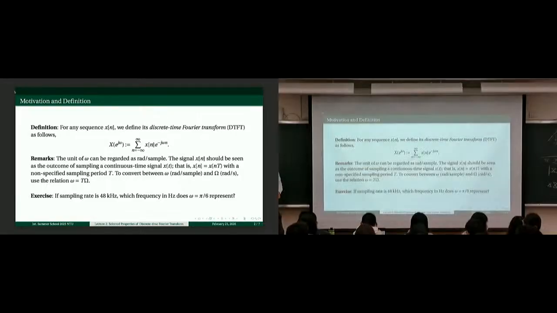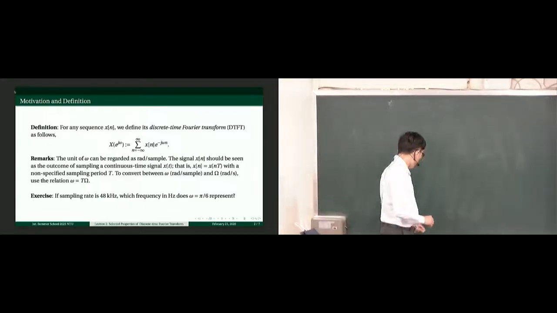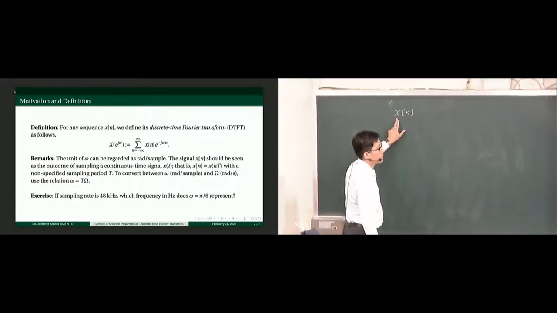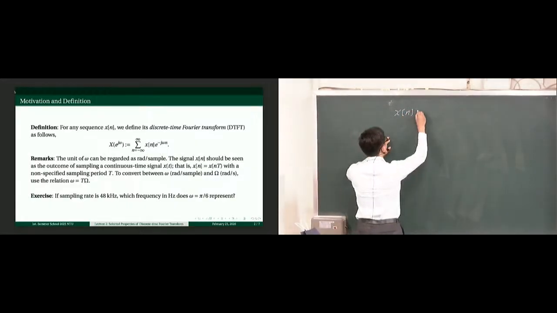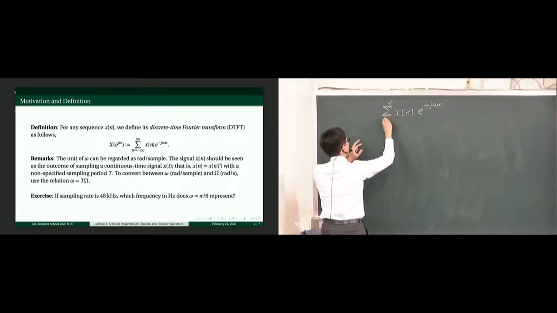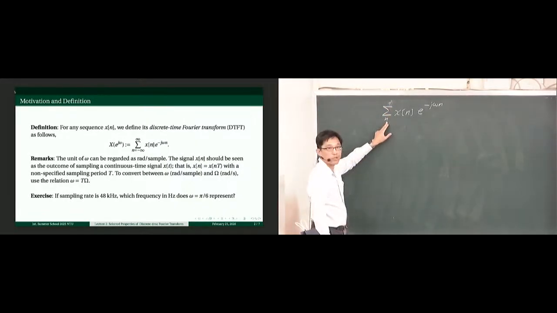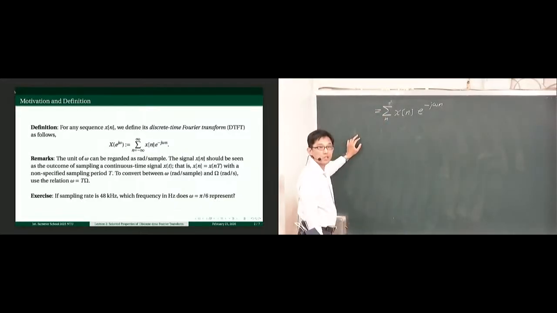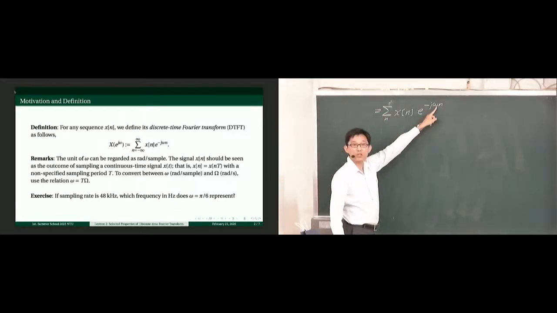The definition goes that we are going to multiply our signal with this complex exponential, e to the minus j omega n, and sum over all n, n from minus infinity to infinity. And the result goes from time domain to frequency domain. The result is going to be a function of omega.